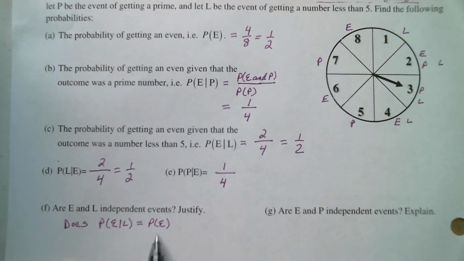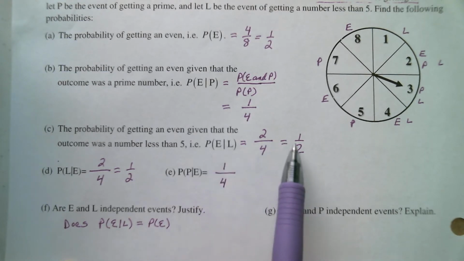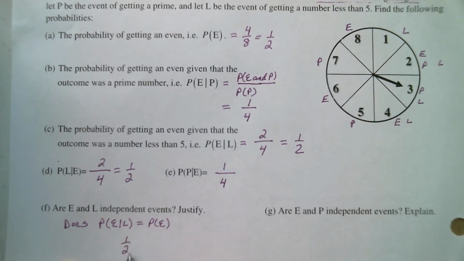Is there any difference between these two? Well, probability of even given L is up here. That's our 1/2. And the probability of even is also this 1/2. So are these independent? Yes, they are.